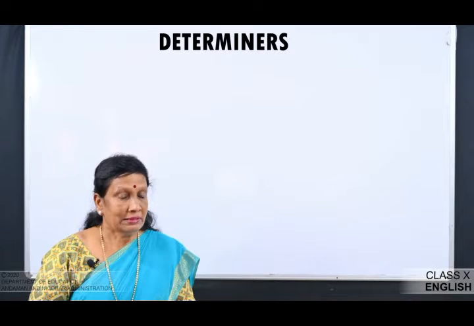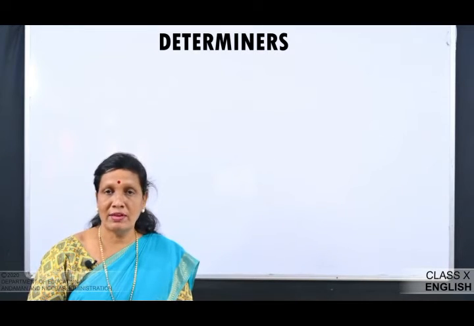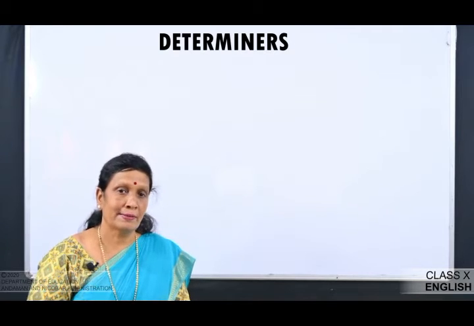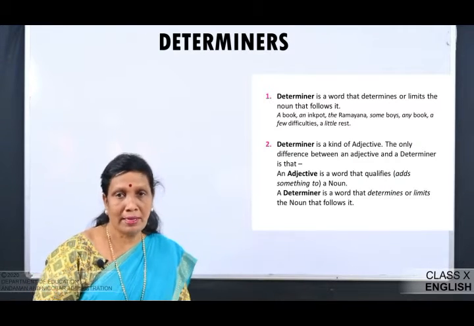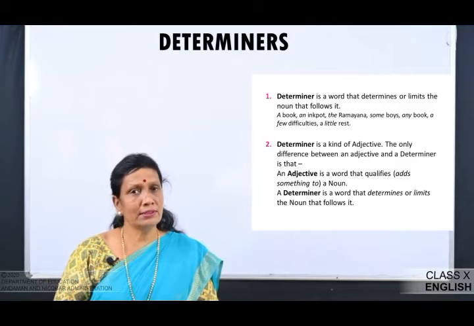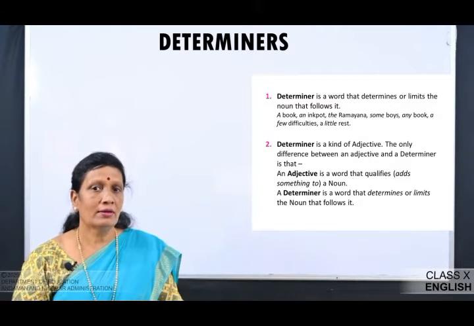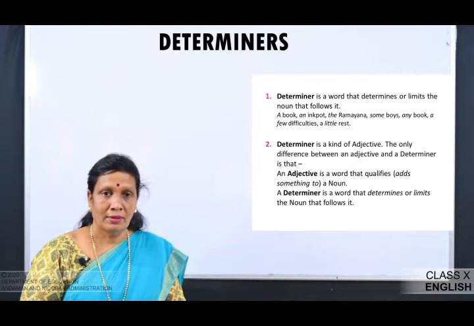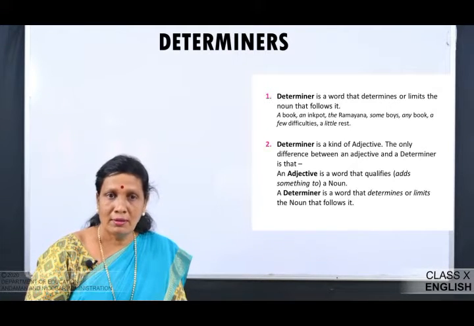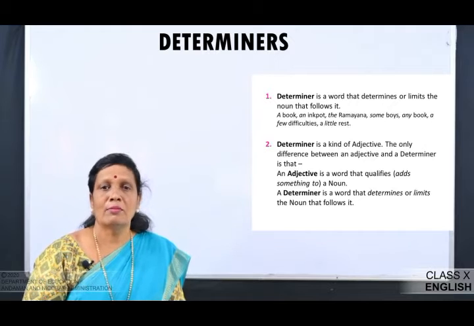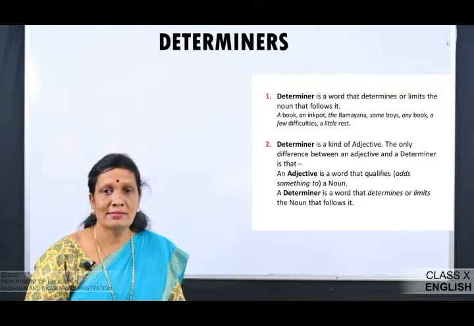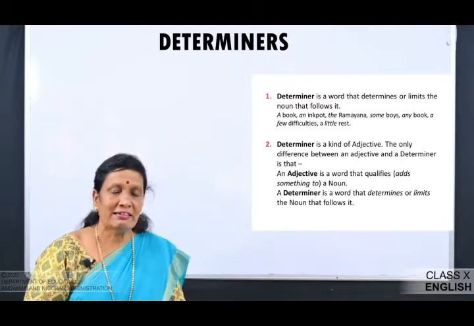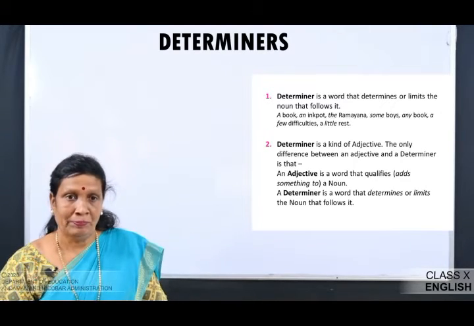Now, children, please look at your screen very carefully as we discuss the determiners. As I told you in the beginning, a determiner is a word that determines or limits the noun that follows it. For example, a book, an ink pot, the Ramayana, some boys, any book, a few difficulties, a little rest.